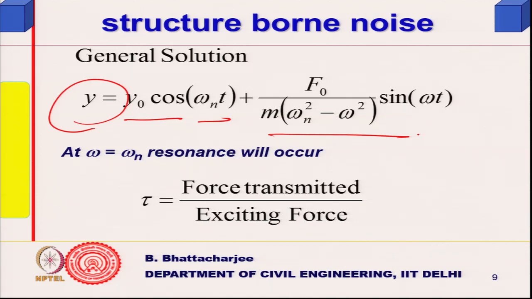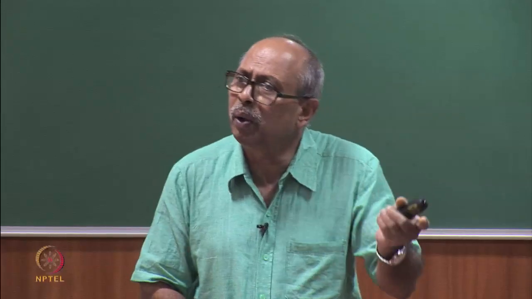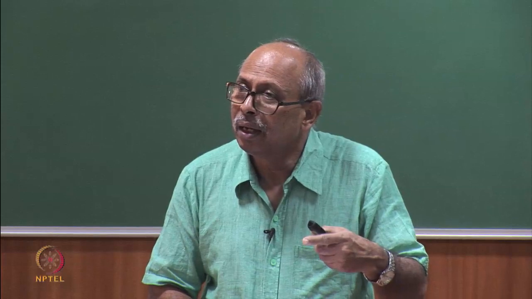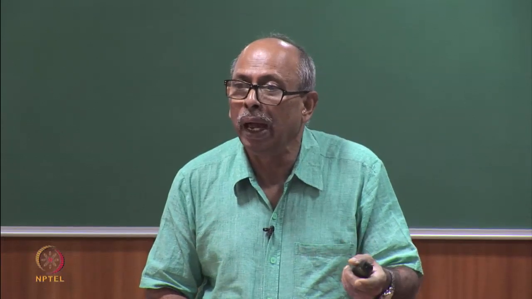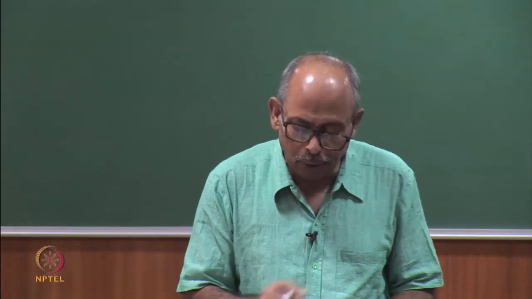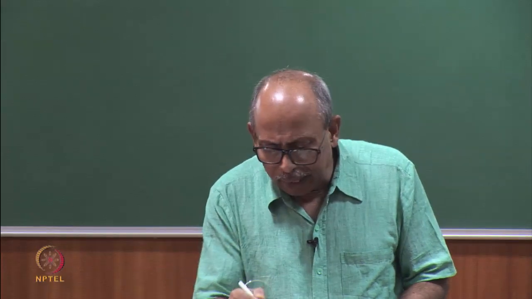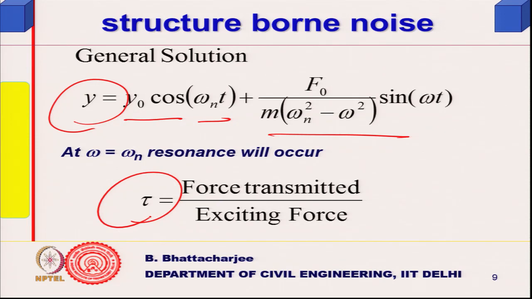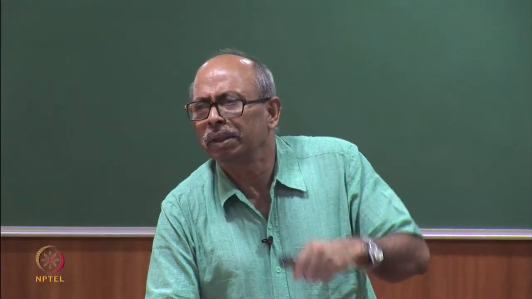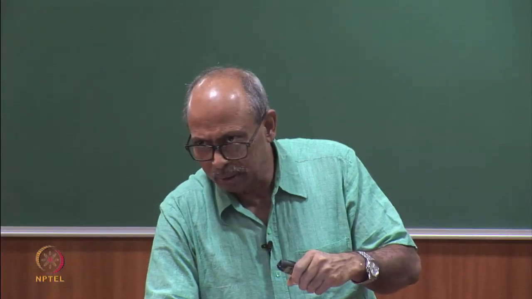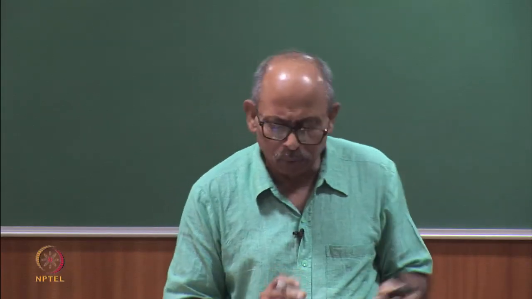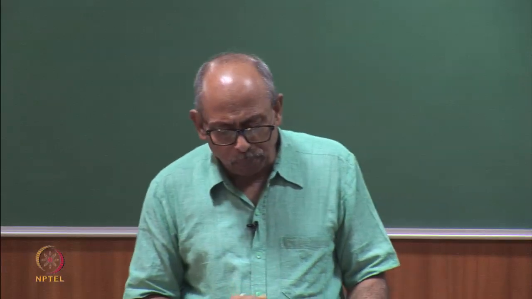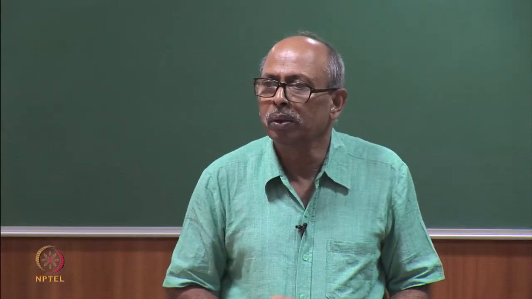This is slightly different from what we looked into, because here we are looking at p t square by p i square. This is from the isolation, and from this we can derive an expression for tau. So, what should be the properties of the mounting, that we can find out. It is a simple case of vibration isolation. The case can be quite complicated in foundation design and things like that. So, I think we will stop here, and next class we will relook into the thing again.